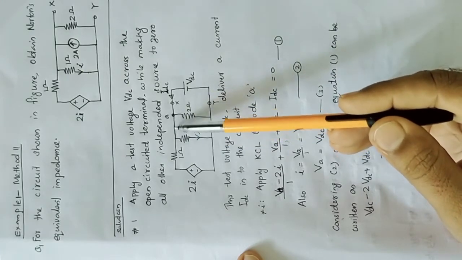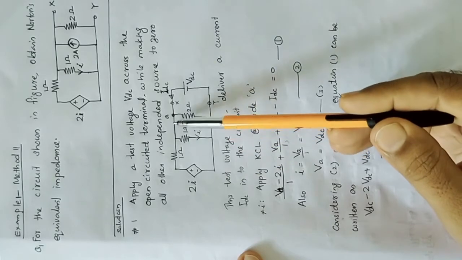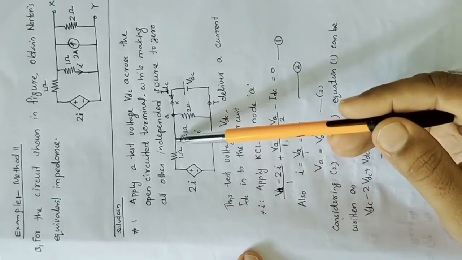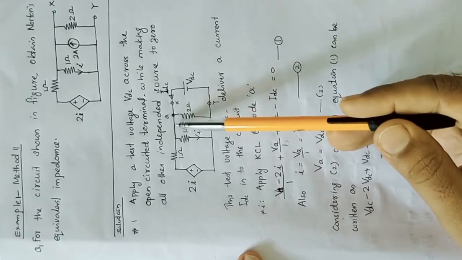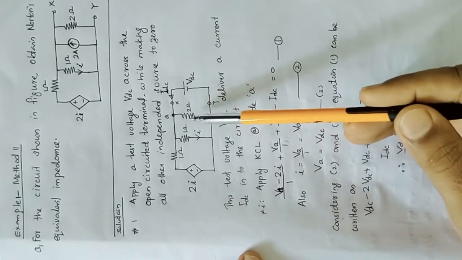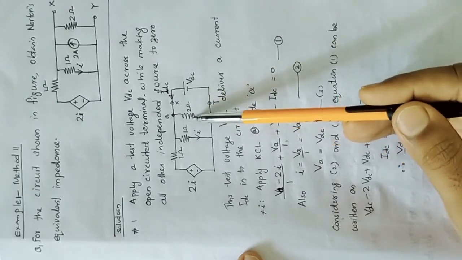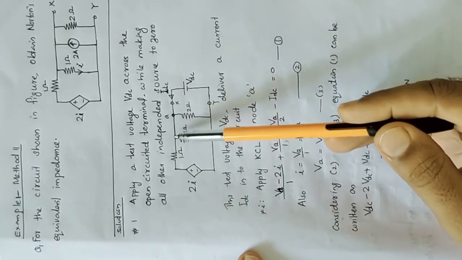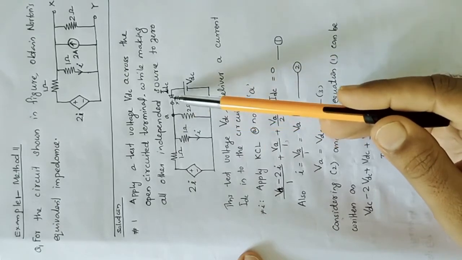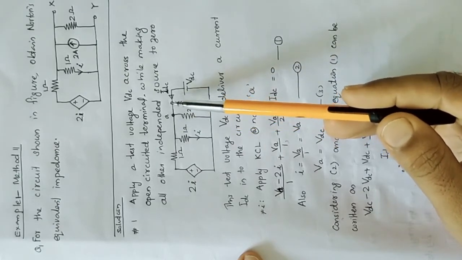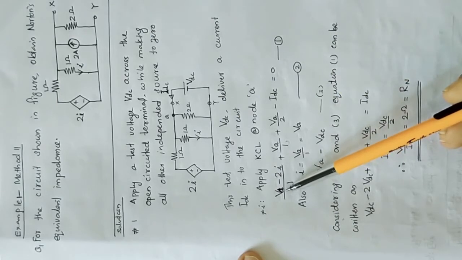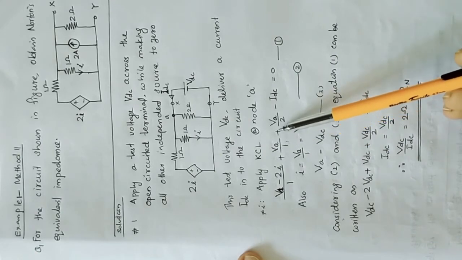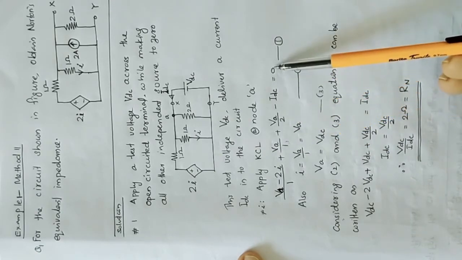The current flowing through this branch is (VA minus 2I) by 1, plus the current through this branch, VA by 1, plus the current through this branch, VA by 2, and this current is entering the node. Since all outgoing currents are taken as positive, the incoming current needs to be taken as negative. So the corresponding equation is (VA minus 2I) by 1 plus VA by 1 plus VA by 2 minus IDC is equal to 0.